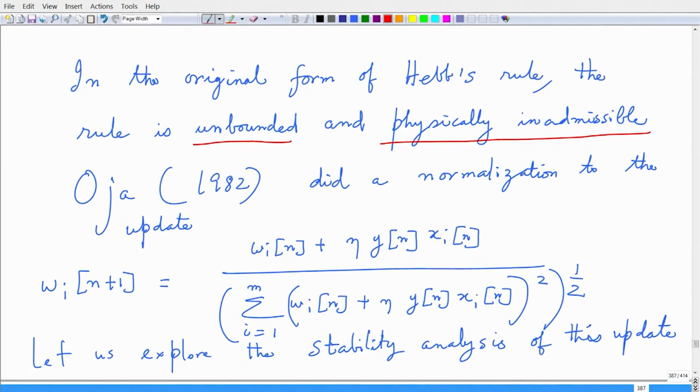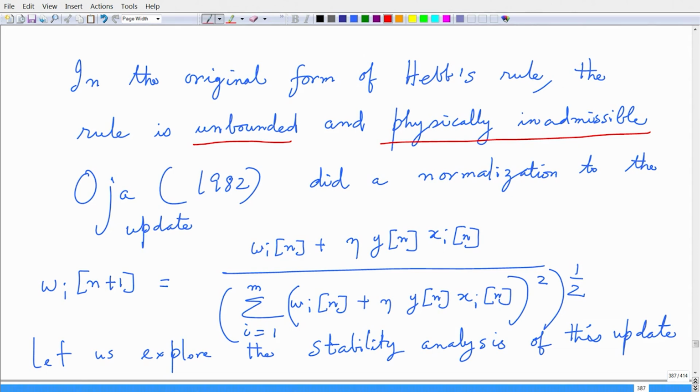So, fortunately a simple solution exists to this problem, and that was proposed by Oja in 1982. What he did was incorporate a simple normalization to this update, and the normalization was done as follows. Whatever I have in the numerator, which is wi of n plus eta y of n times xi of n, I just take the sum of the squares of this quantity and then I take the square root.